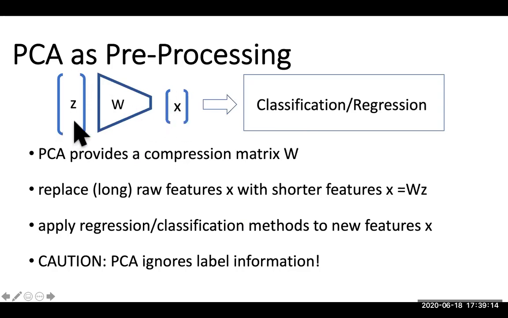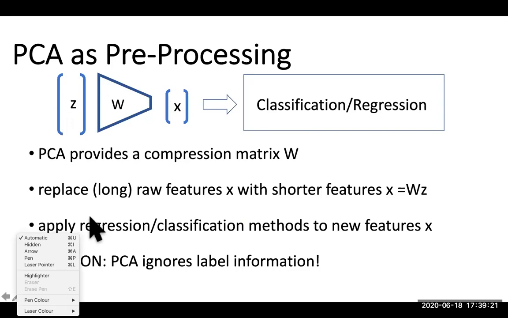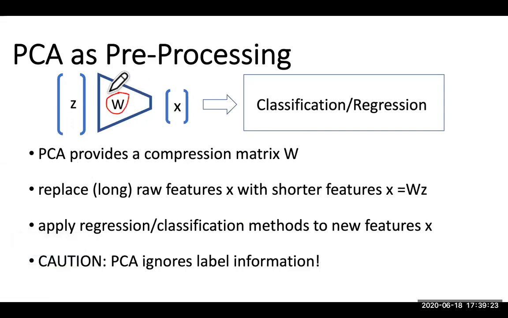So first we apply feature learning, for example PCA, to learn a compression matrix W. And then we apply the compression matrix W to all the raw feature vectors of the training data points and get these short feature vectors X. And we then continue as in round 2 or round 3. So after learning the compressed features, everything is the same as in the previous rounds. And we throw away the original raw features after we have learned the new short features.